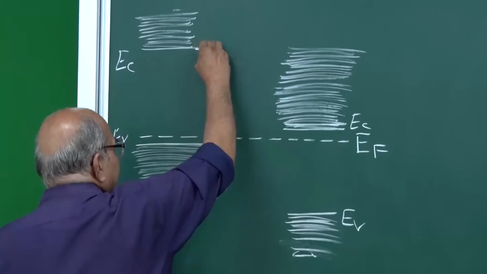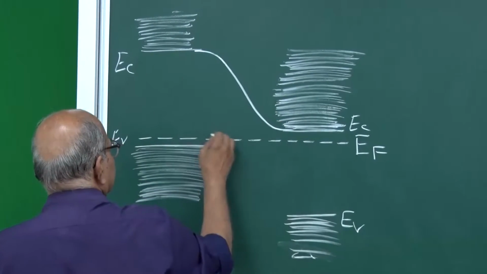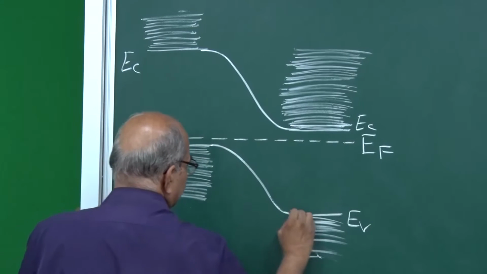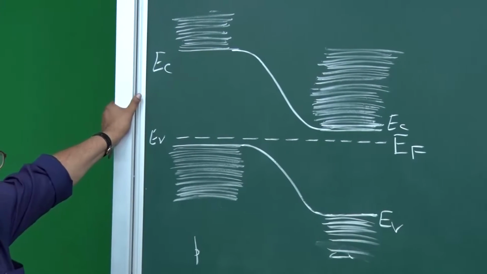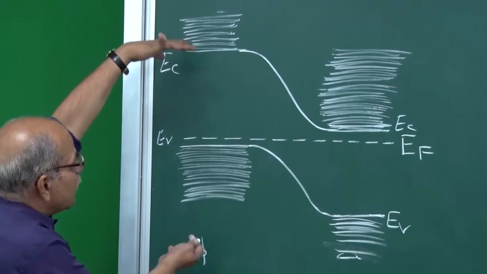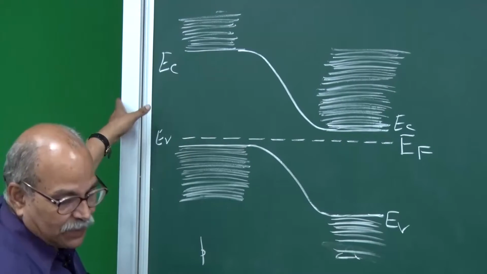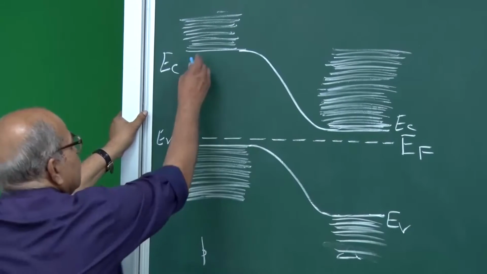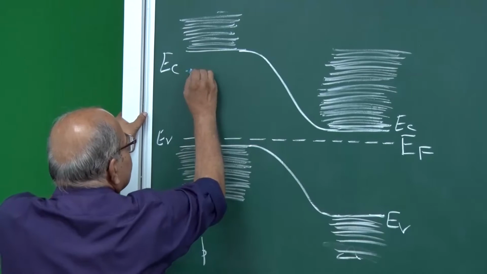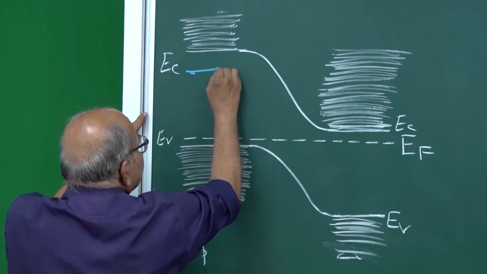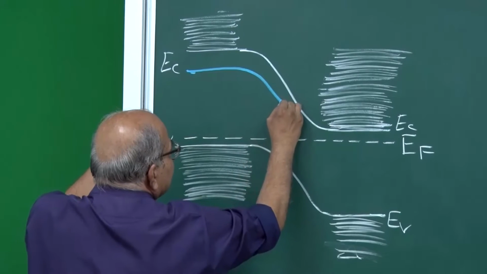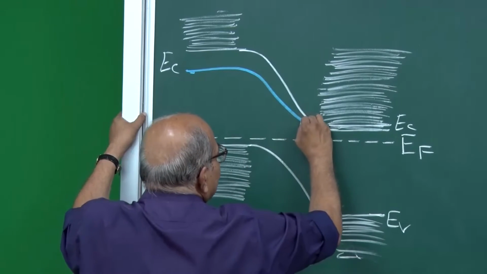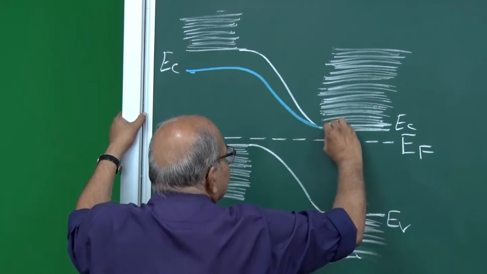Then you have this bending. Now what happens, all this energy had to come down. So our new picture will be that this EC has now shifted here. I'm writing everything with respect to this N side, so I'm not changing the N side.